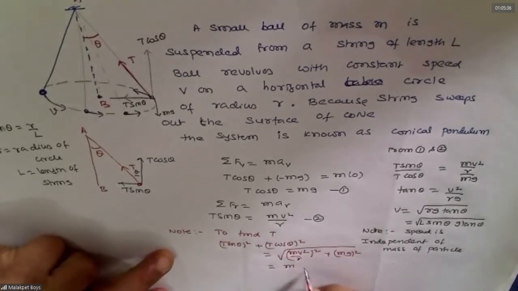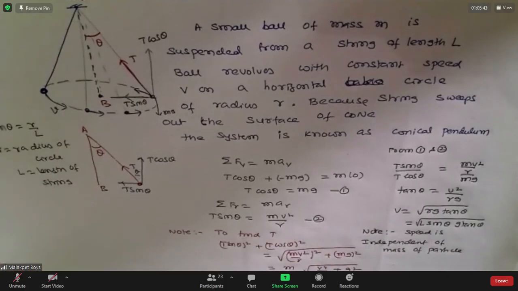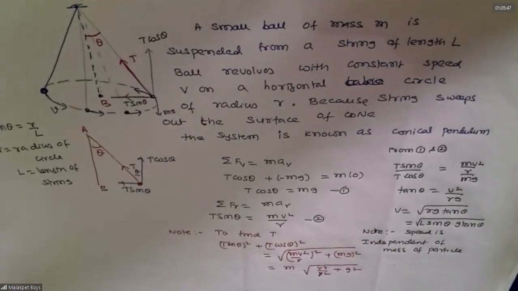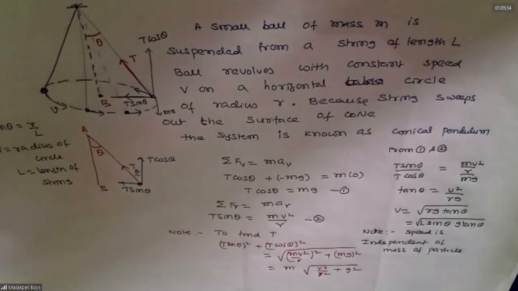Whatever he needs, he can do. I'm just explaining what a conical pendulum is and how it functions. So you have to mold your thoughts according to the situation of the question. Clear?